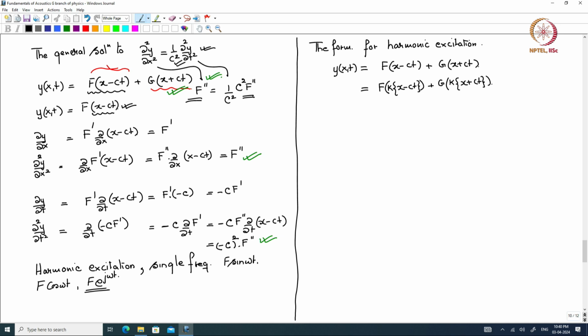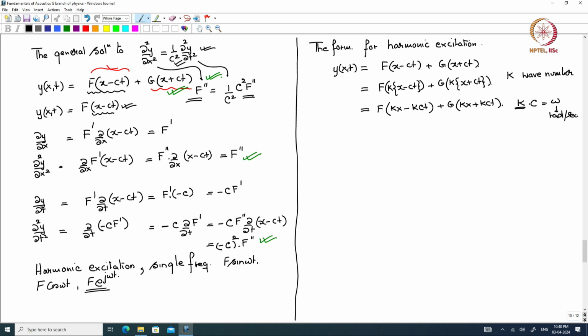Okay. Now, this k I am going to call a wave number. Significance of that we will see. So, if I open the bracket out, I get f of kx minus kct, and here g of kx plus kct, and I am going to say that this k, the wave number, times the speed c is omega, the radian frequency.